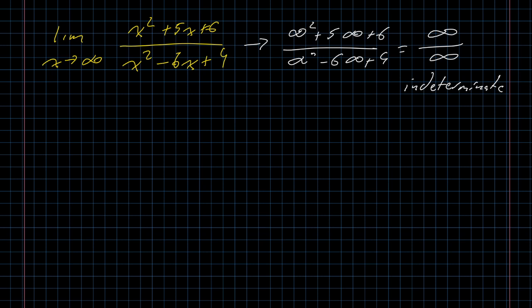And the general process, once we have an indeterminate form here, is to try rewriting in reciprocals. The fact that 1 over infinity tends to 0 really makes life easier on us. So in this case, I'm going to take my limit and I'm going to divide by x squared, because x squared is the highest power of x that appears in either the numerator or the denominator.